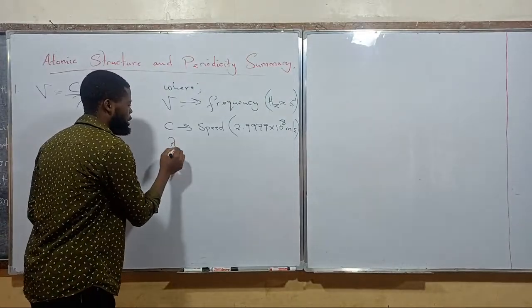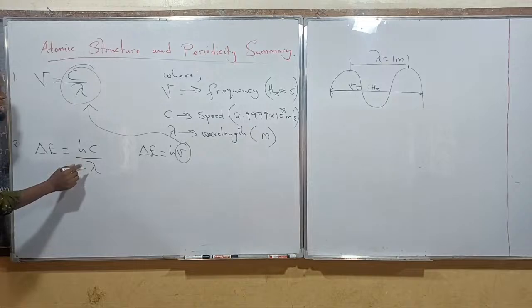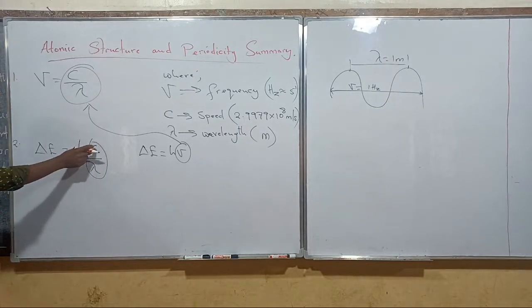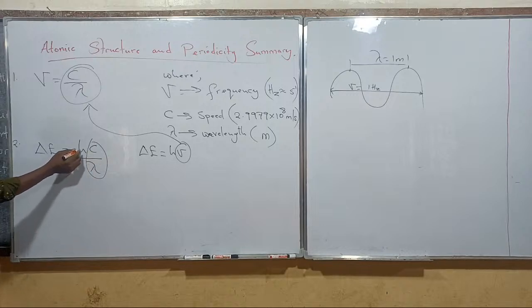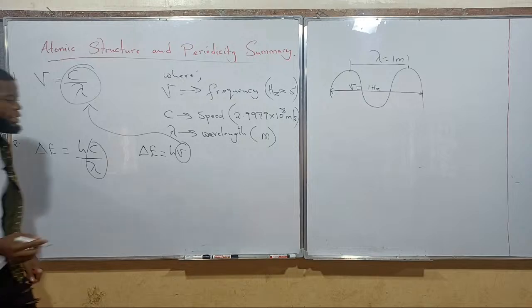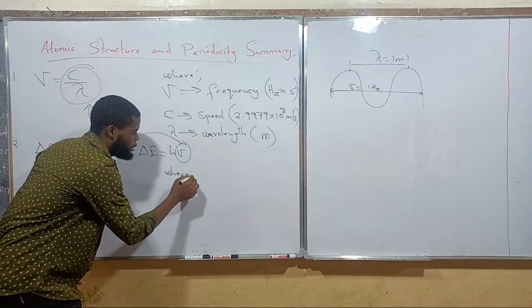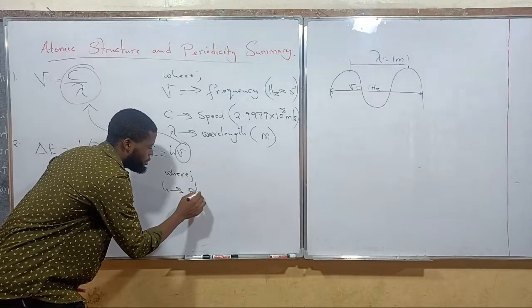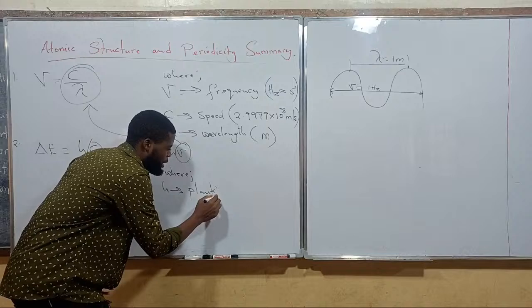Wavelength is defined as, that's where you get this entire expression: the constant speed of light divided by the wavelength, everything multiplied by what? Planck's constant. In this case, h is Planck's constant, named after the German physicist Max Planck.